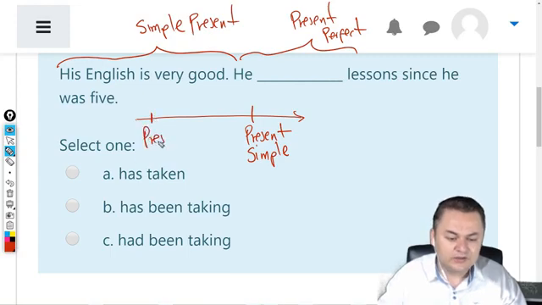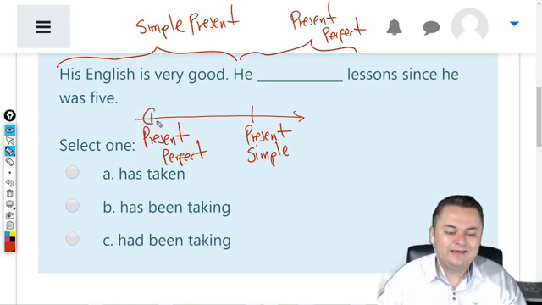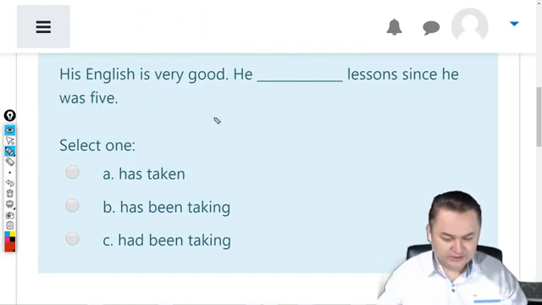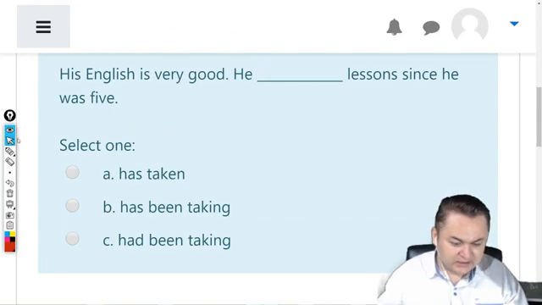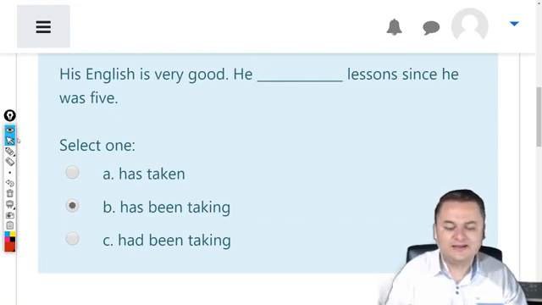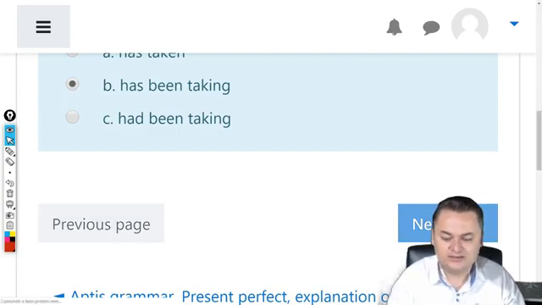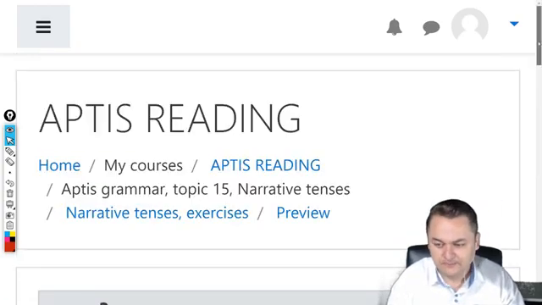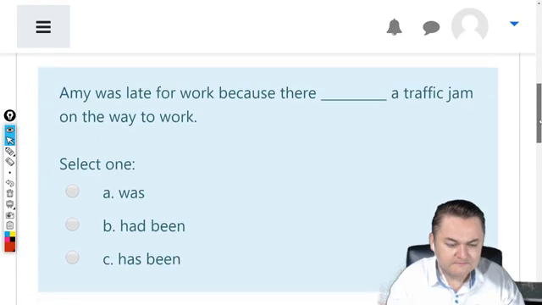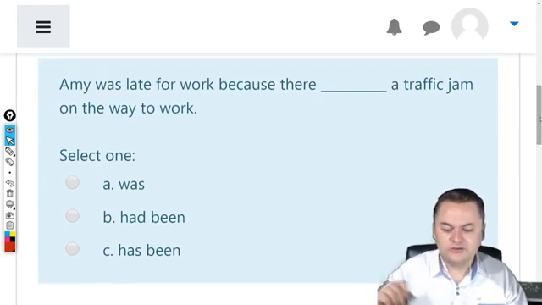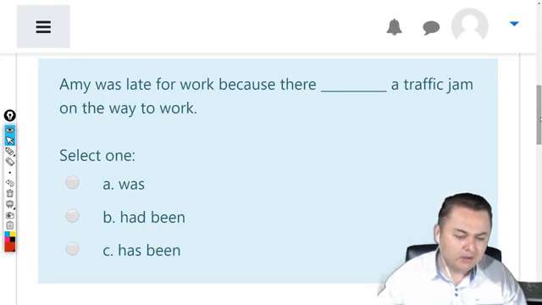Here, we need to have something in present perfect to indicate that something started in the past and goes up to the present. So we should say, he has been taking lessons since he was 5. He has been, not he had been. It couldn't be.